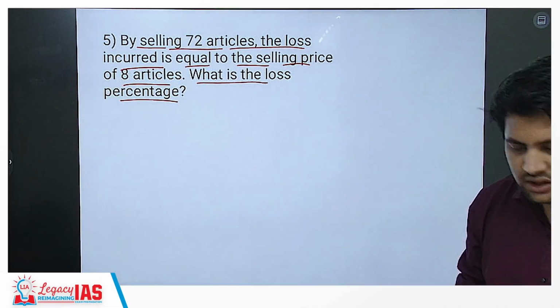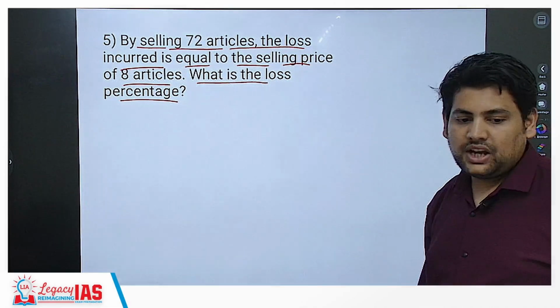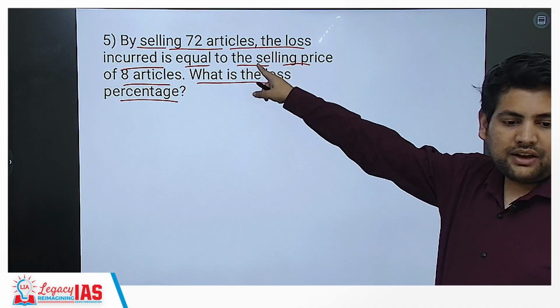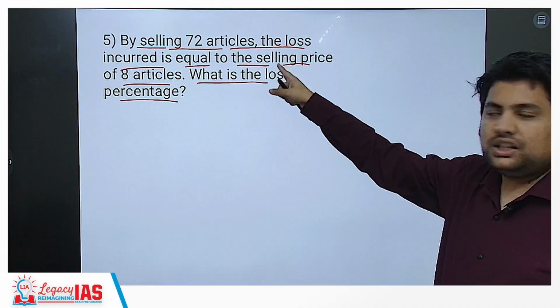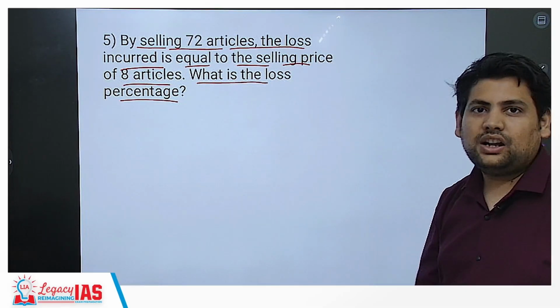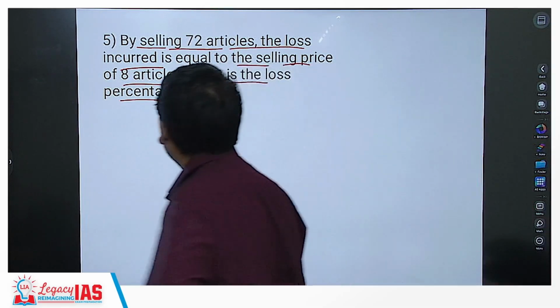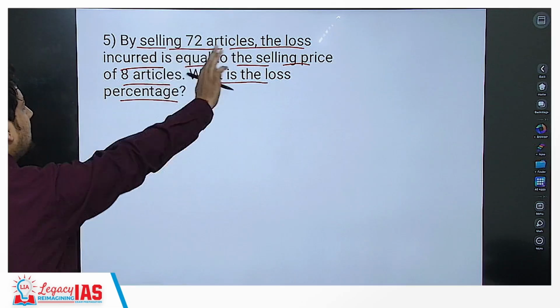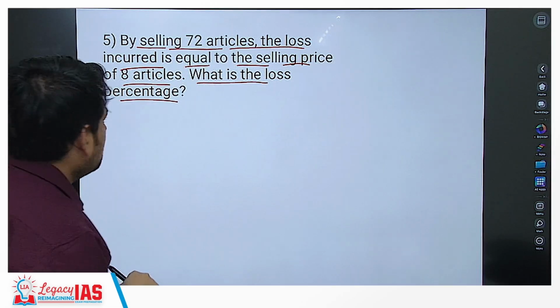Okay. Now, the only point of difference that we have is here we are having loss, and loss is given in terms of selling price of 8 articles. Correct? Now, let us see this. Selling of 72 articles.